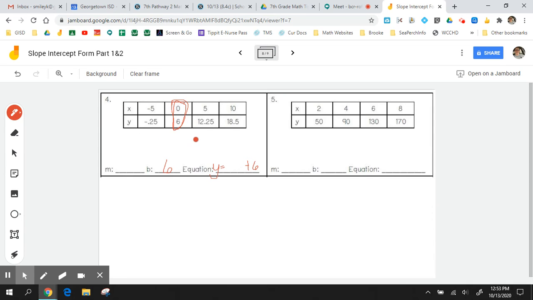And I'm going to choose 2 points to use to find my slope formula. So I'm going to say 6 minus negative 0.25 over 0 minus negative 5. And I'm going to go to Desmos or my yellow calculator, and I'm going to type that in.